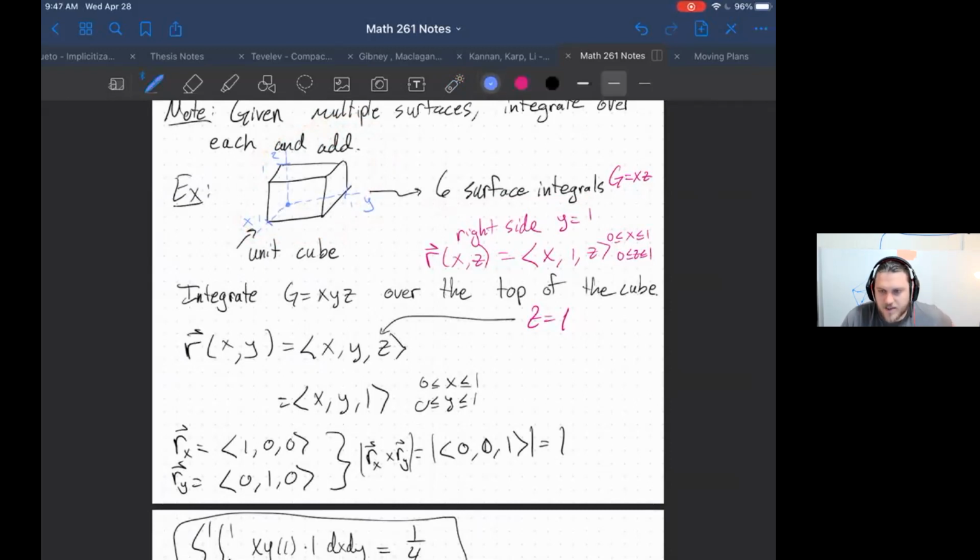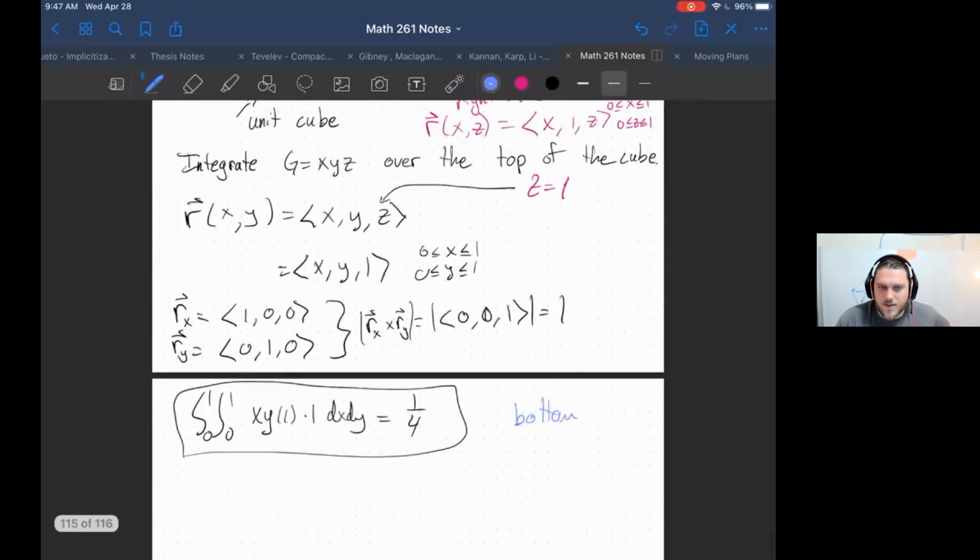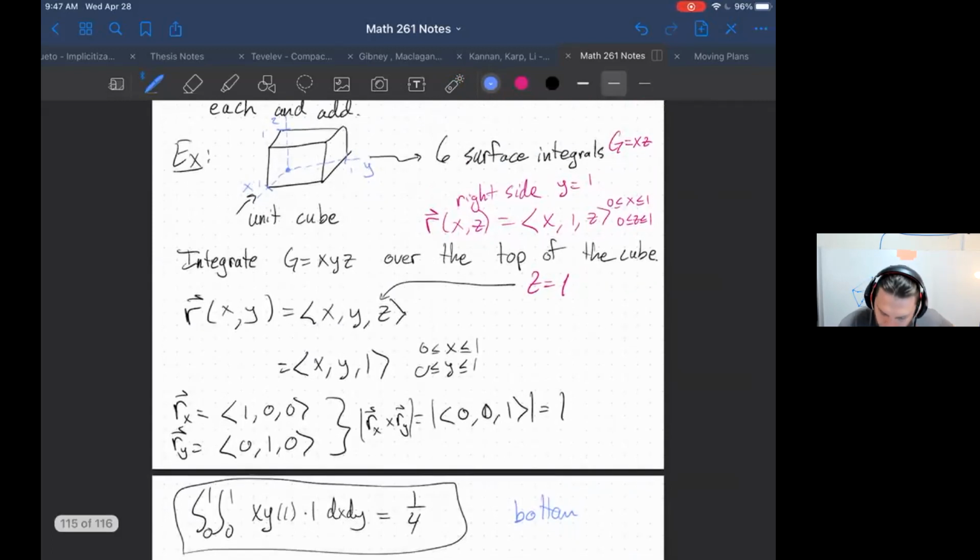And I'll also say, you kind of have to go through that and do it in this example too, because what if you were to look at the bottom of this cube? Well, the bottom of this cube, you're looking at the plane z equals 0. And if you were to plug that into your function g, that's going to change the value of the integral a little bit.